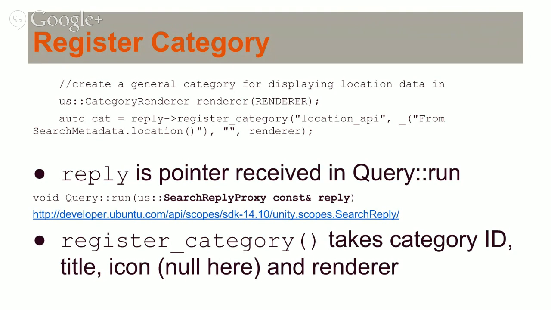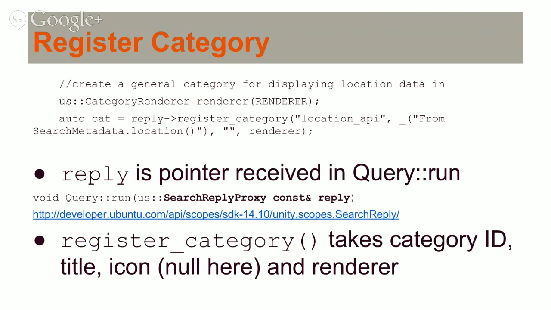The search reply has a method, register category, and that's how, when you create your category, you tell Unity, the shell, about your category, and you register it in. There's the link to the SDK API docs for the search reply.